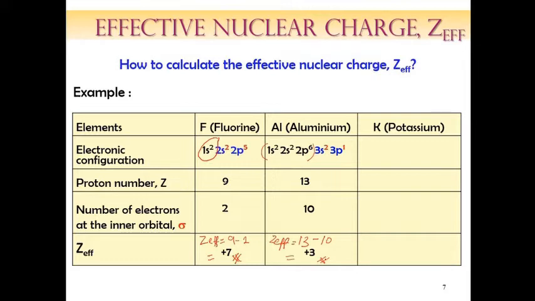And for potassium, the electronic configuration is 1s2, 2s2, 2p6, 3s2, 3p6, 4s1. The proton number for potassium is 19, and the number of electrons in the inner orbital is 18. The inner electrons we get from the inner shell, 1s2 until 3p6. So the effective nuclear charge for potassium is 19 minus 18, so we get positive 1.